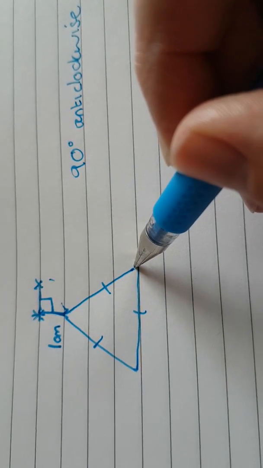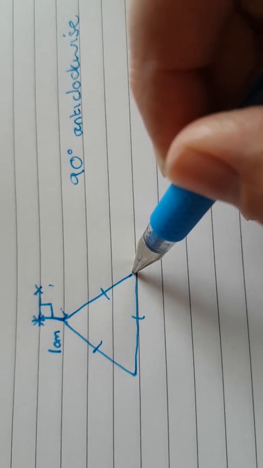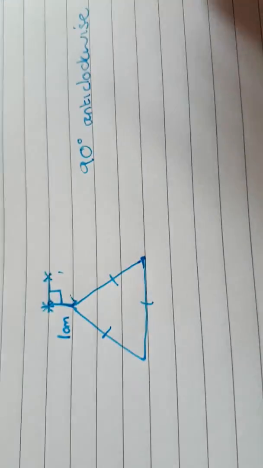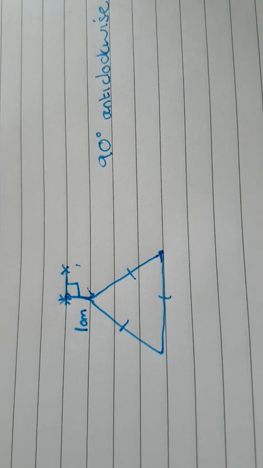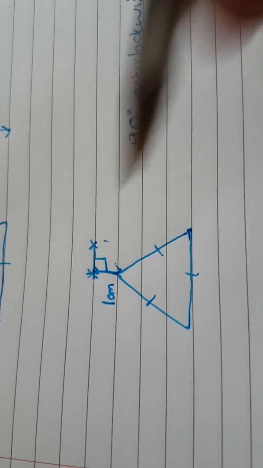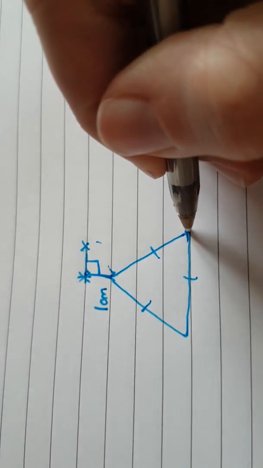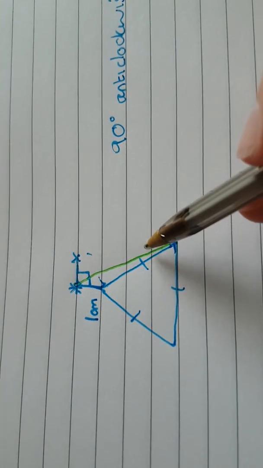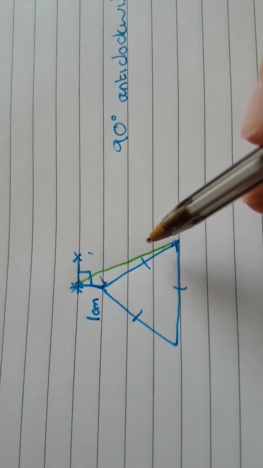You draw a very straight line, even if it's diagonal, it might not be vertical or horizontal, from each corner to the point. I'll do this in a different colour so you can see it. So imagine, here's the second one. Okay, there's my line, it should be straight. Please do yours with a ruler.